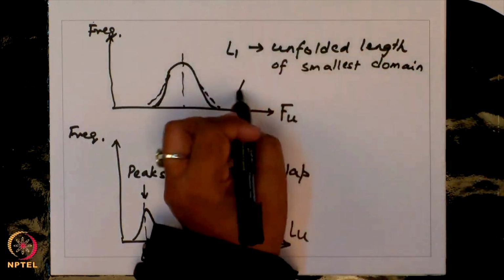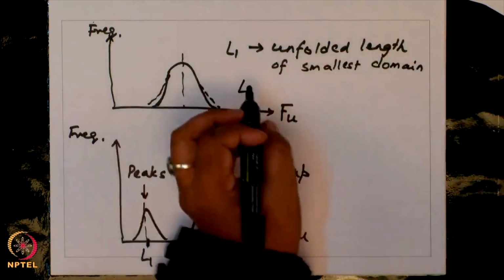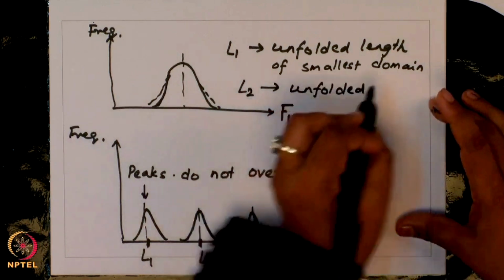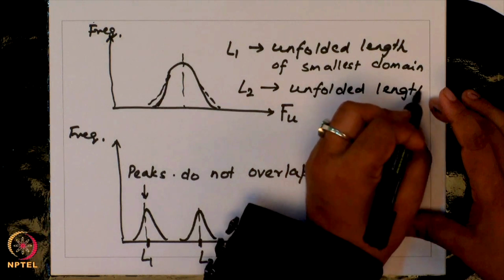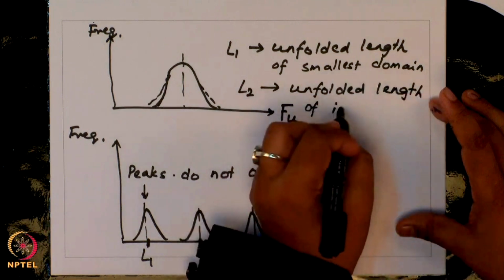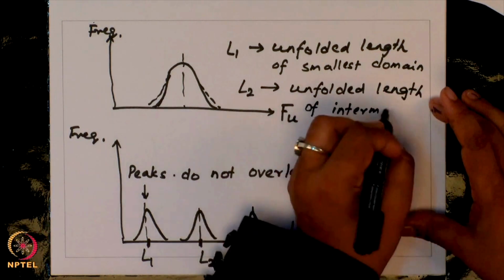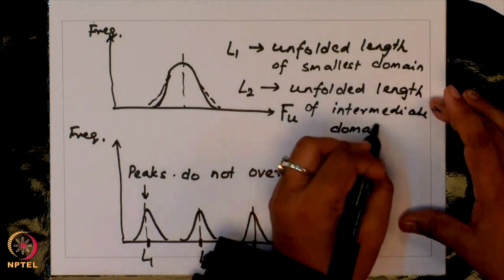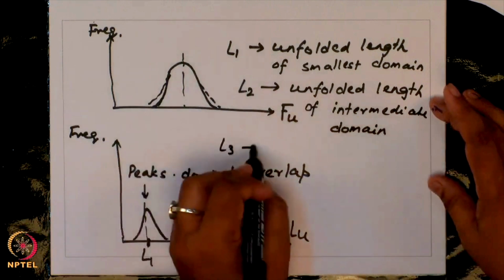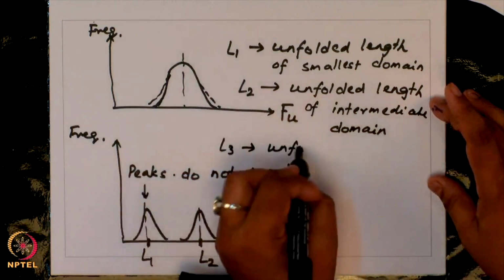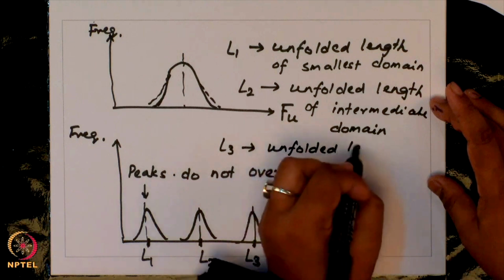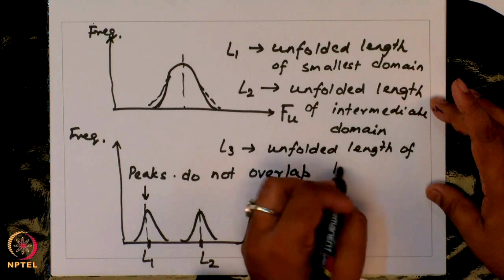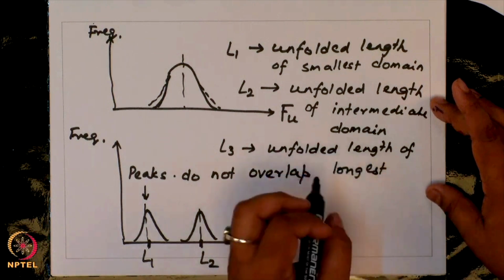L2 is similarly the unfolded length of the intermediate domain, and L3 is the unfolded length of the longest, largest domain.